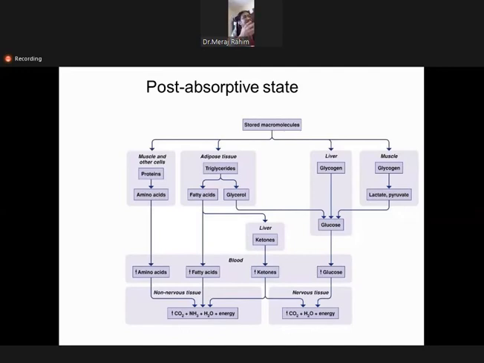Either it can be carbohydrates, or proteins, or fats. Okay, so the muscle, when needed, when we are doing exercise or any work, the proteins will be broken down to amino acids and they will provide the body. Then adipose tissue will provide fatty acids and glycerol. Okay, and the liver glycogen, which we saw, can also provide glucose.